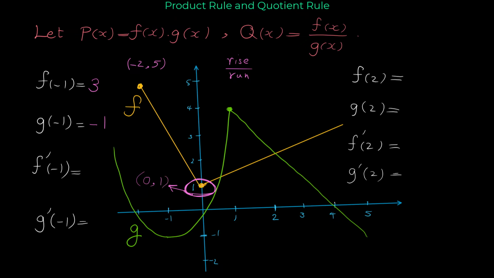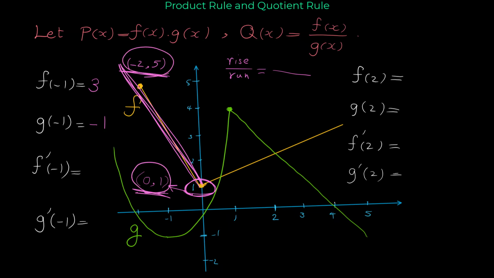And so if we use these 2 points for finding the slope of this line, rise equals y2 minus y1. If we consider this point as the second point and this point as the first point, y2 minus y1 would be 1 minus 5. And x2 minus x1 would be 0 minus -2.